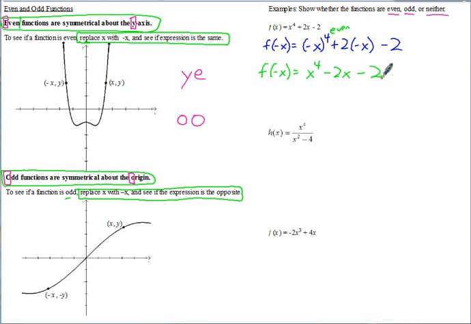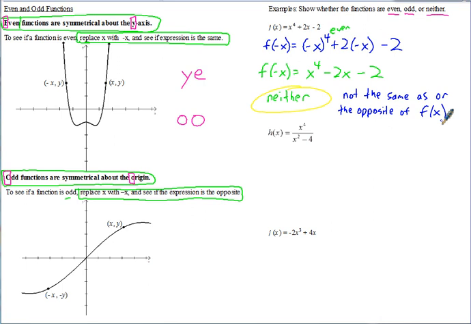So it's not all the same, it's not all the opposite, so this one is neither. Because when we plugged in negative x, it turned out to be not the same as or the opposite of f of x, the original function.